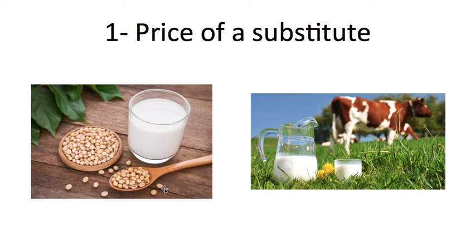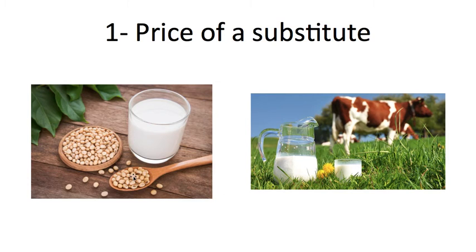If there's a change in price of the substitute, the demand will change for the original product. In this case, if the price of the substitute goes down, the demand of the original will also go down or decrease, which will mean a shift to the left for the curve.